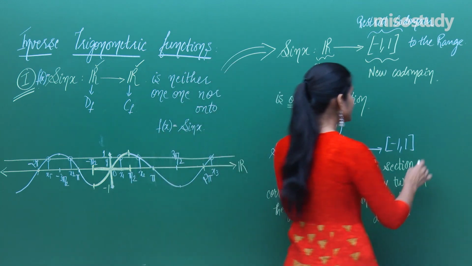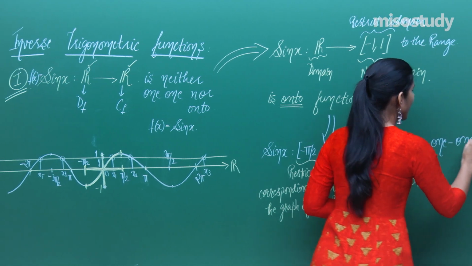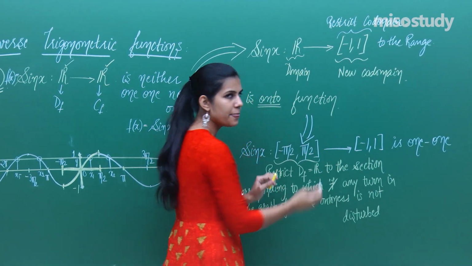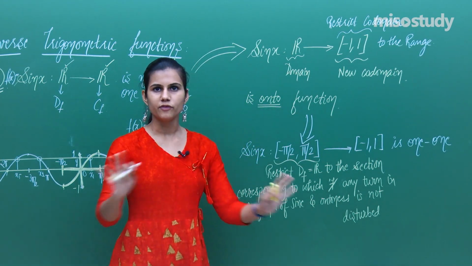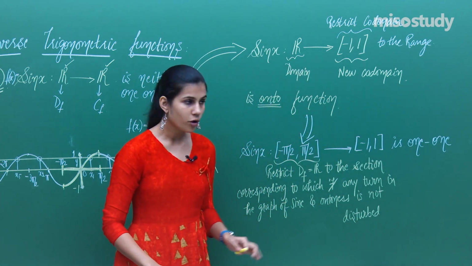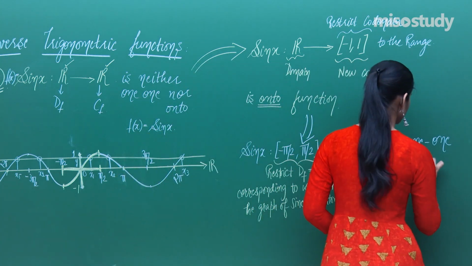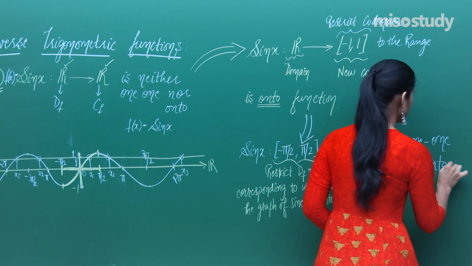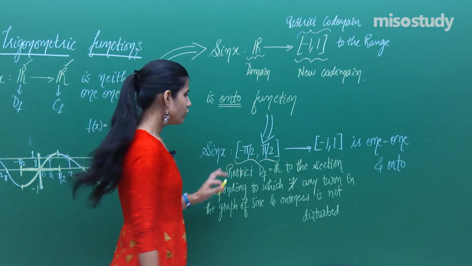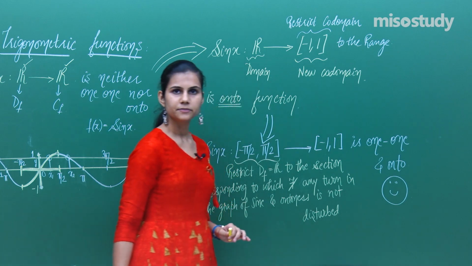So I have attained success. I have manipulated my domain and therefore from many-one sine has become 1, 1. I have manipulated my codomain and therefore from into it has become onto. And now the situation is very much favorable to me.